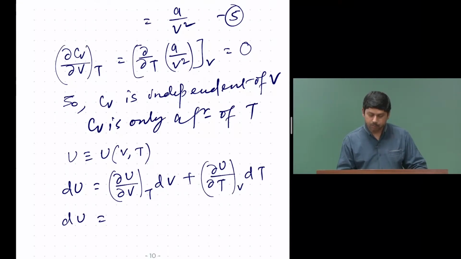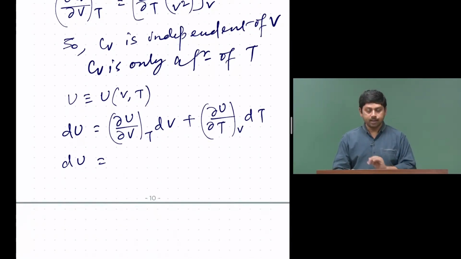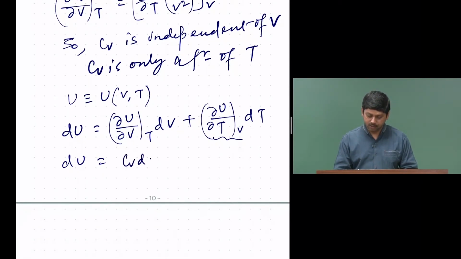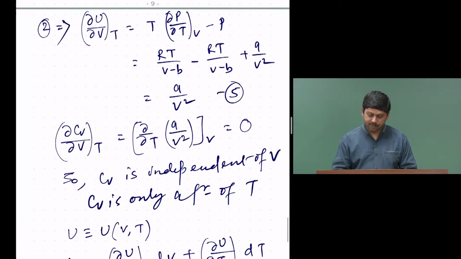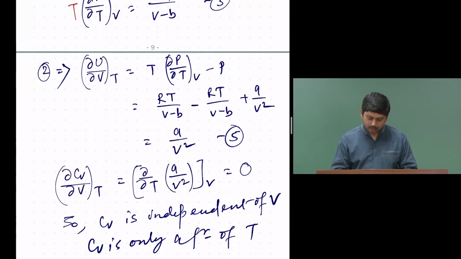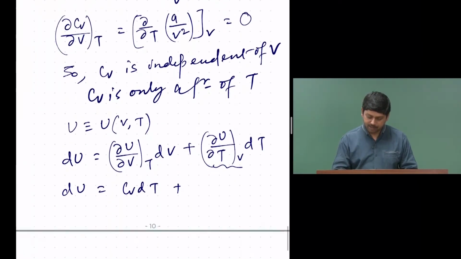We need the expression of U, so we need to write dU in such a way that we can get the other terms. Del U by del T at constant V is nothing but C V, so it is C V dT plus del U by del V at constant T dV. Del U by del V at constant T we have got as T del P del T V minus P.